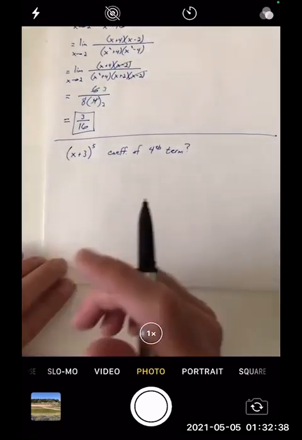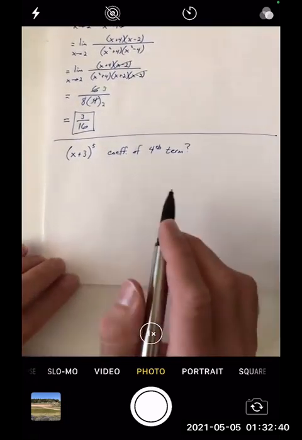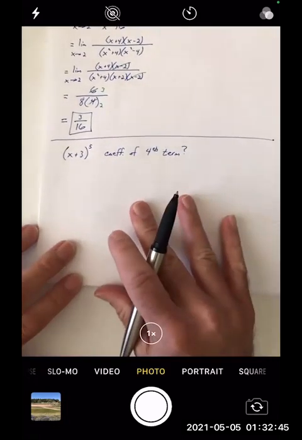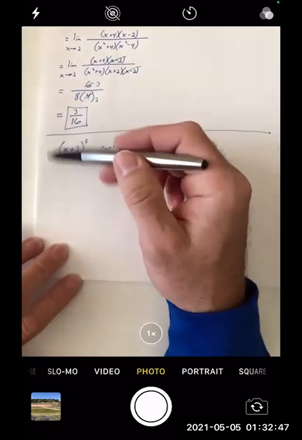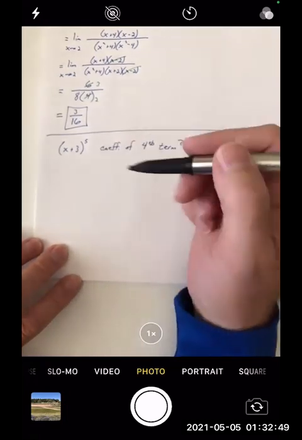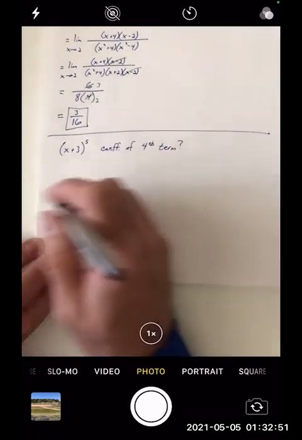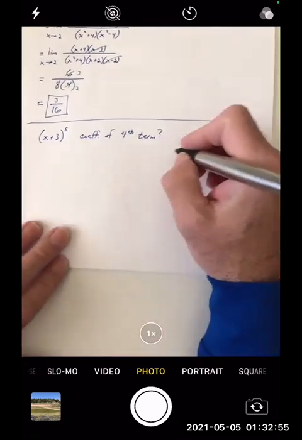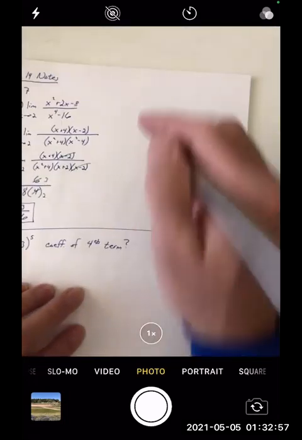The other option, which is going to be a lot faster, is Pascal's triangle. You just got to make sure you're choosing the right row and that you have the right numbers stuck in there. So Pascal's triangle, I'll do it up here.